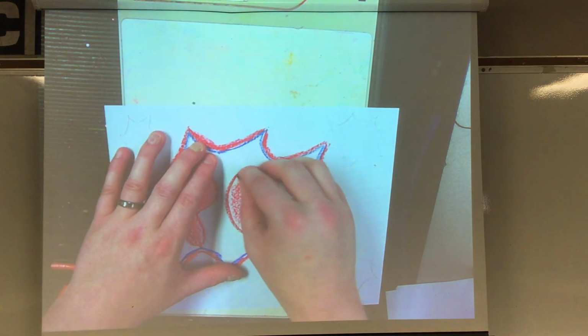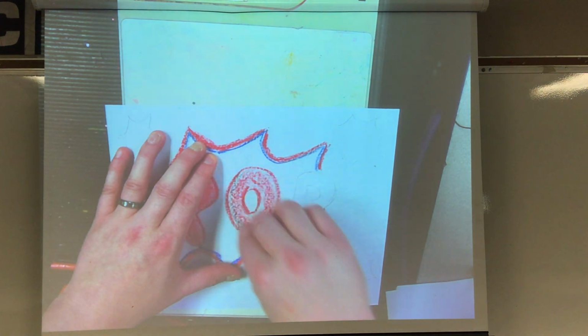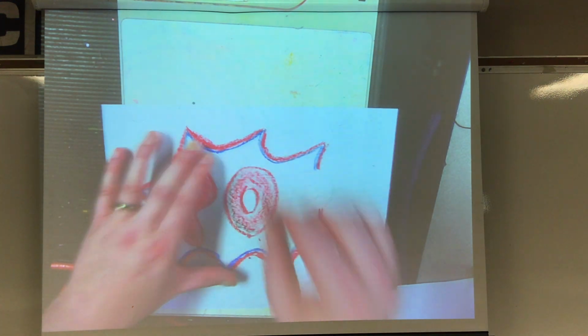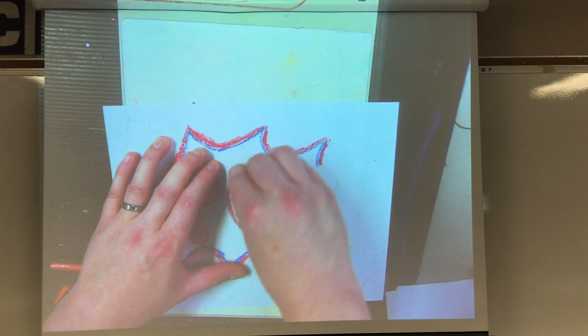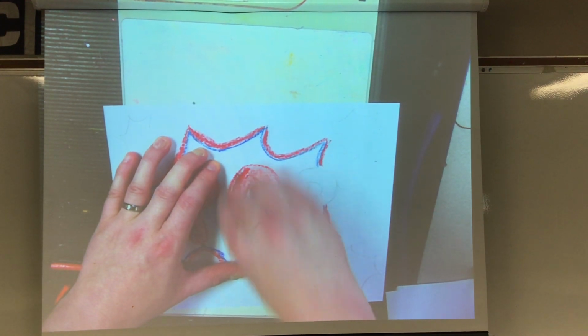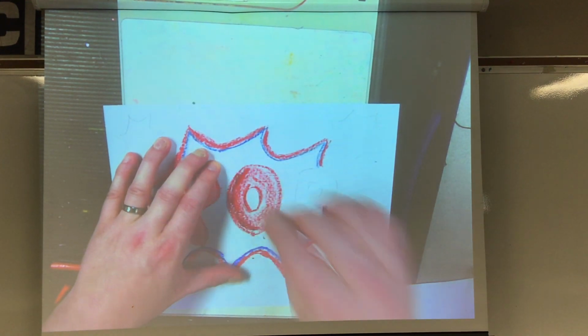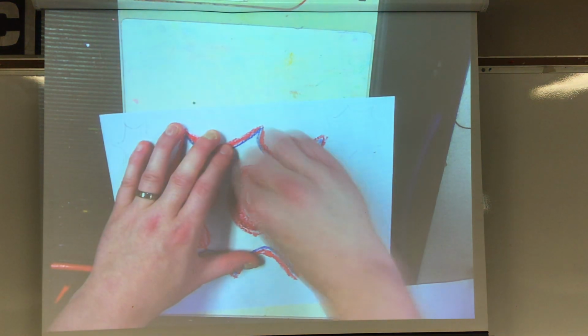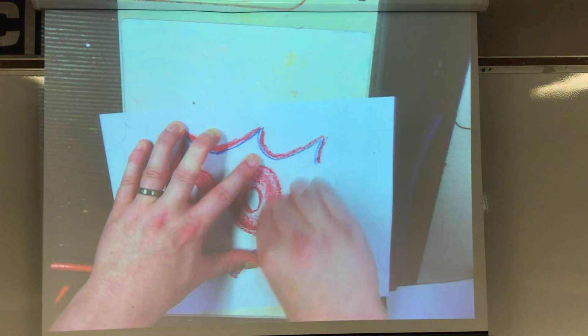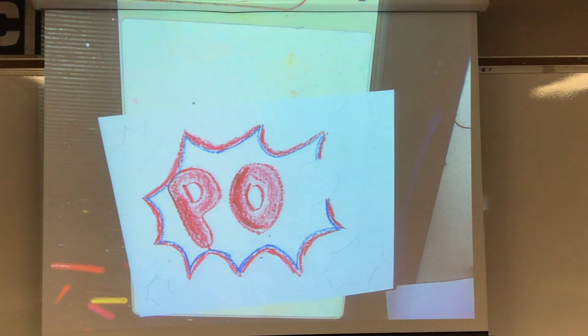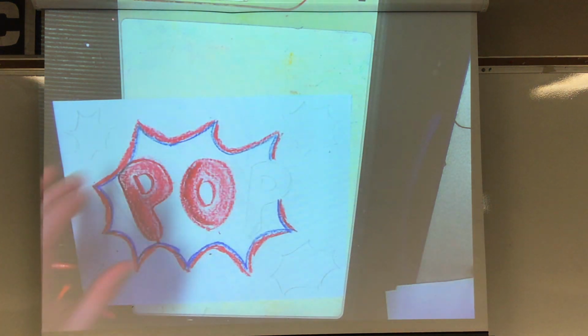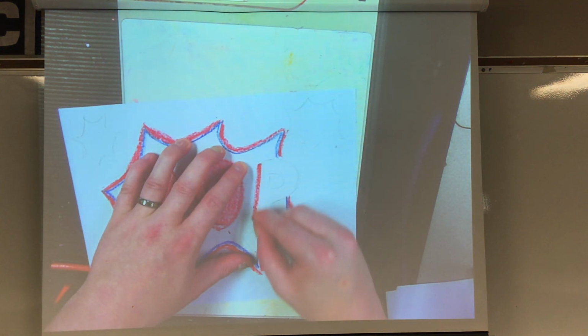Take a little bit of the black. I'm not pushing down super hard. And then I blend it with the red, like that. And then I take the white and I blend it over here. And then I'm going to do the same for my red.